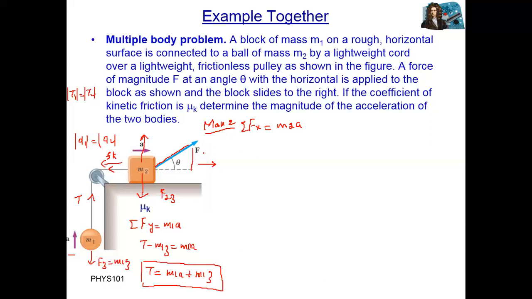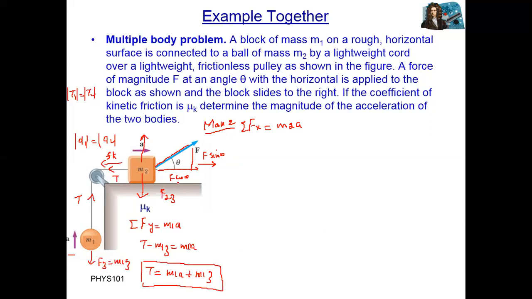This side is F sine theta. This side is F cosine theta. So the cosine theta component is along the x-axis, and on the opposite side we have tension force and kinetic friction.